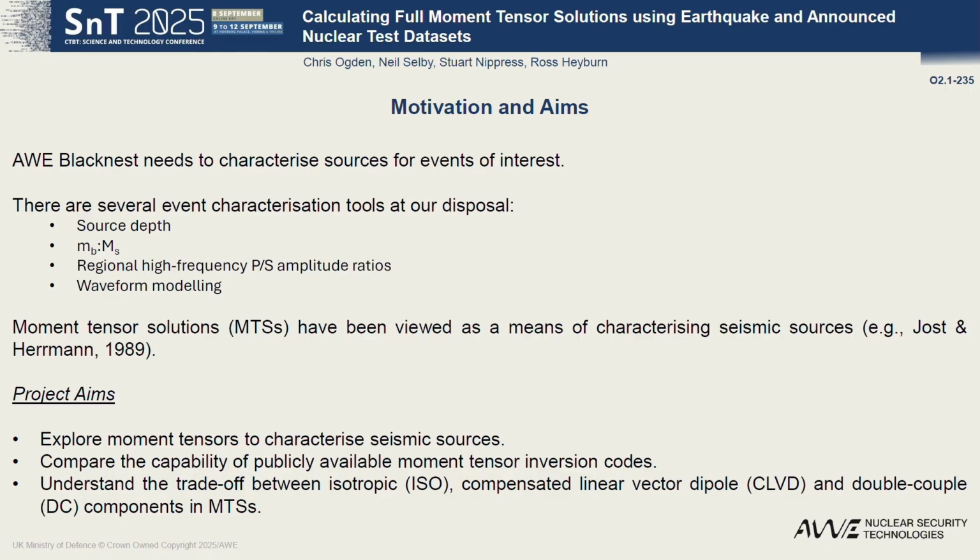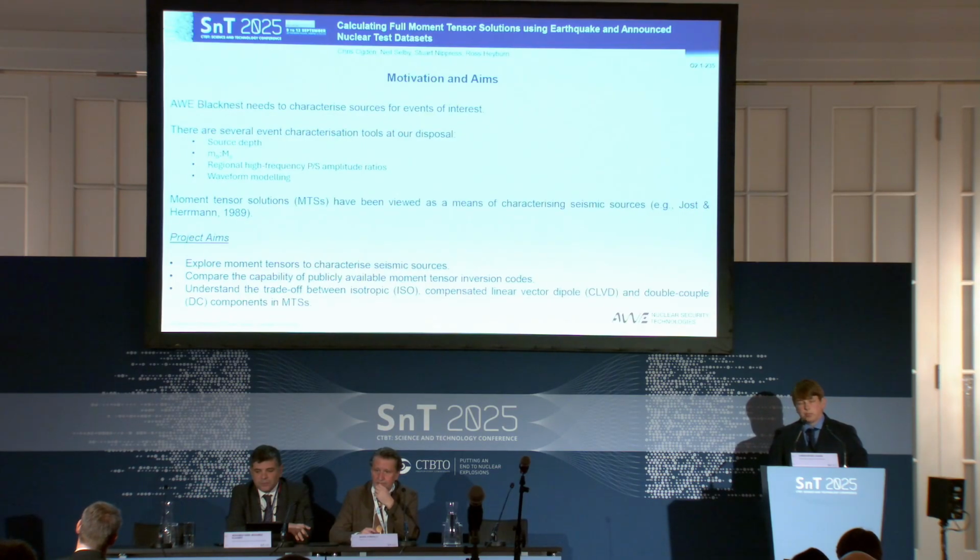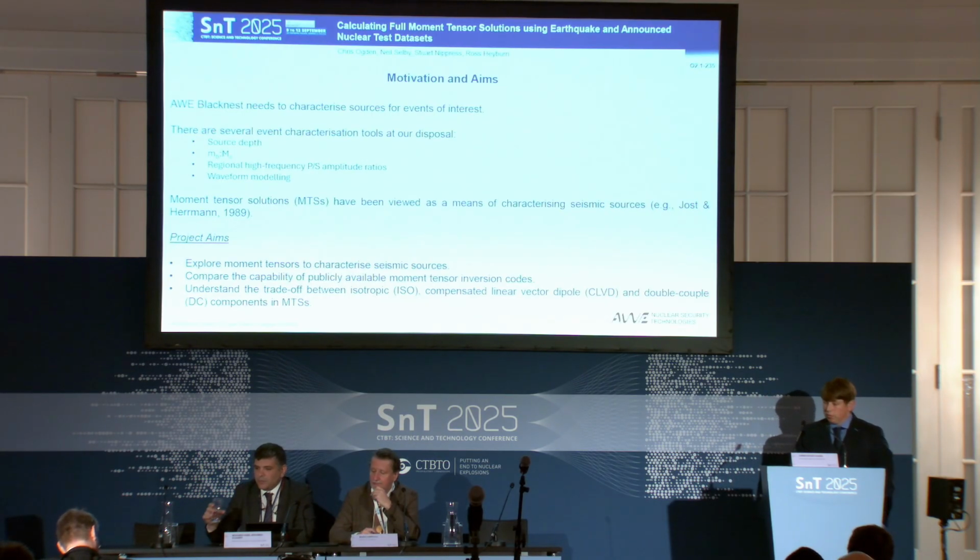The aim of this project is to look at different types of these sources and different methods, and try to understand the differences between the isotropic component, which is the volume expansion or contraction, and the more complex and hard to explain components: the compensated linear vector dipole, CLVD, and the double couple, which we're familiar with.